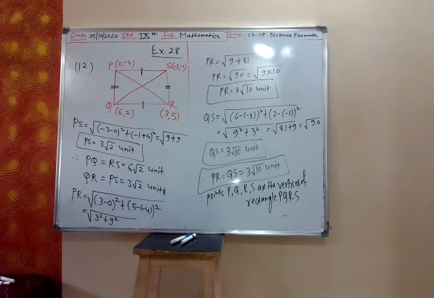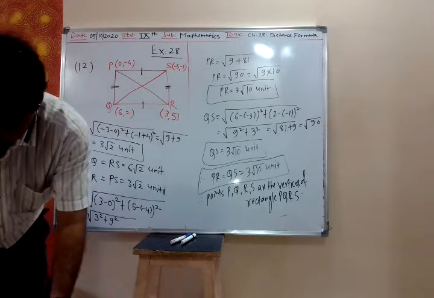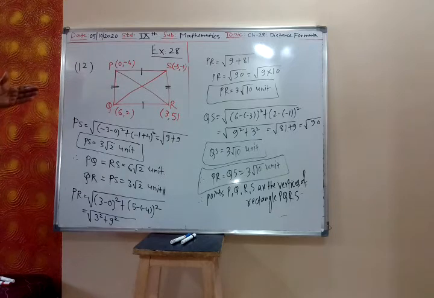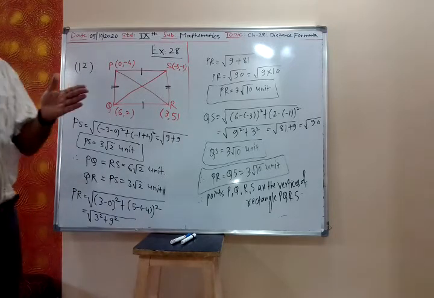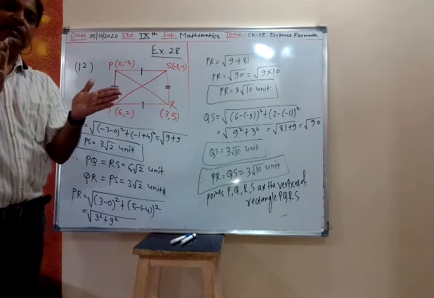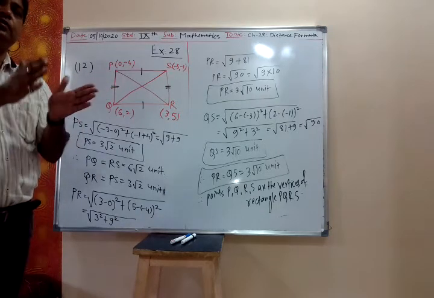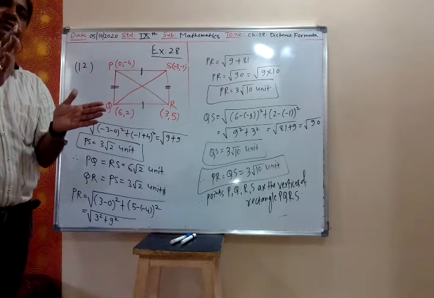Now see here, before we move to this 13, let me solve 14 first, because that is the question related to square. To show that they are the vertices of a rectangle, we show that opposite sides are equal and the diagonals are equal.